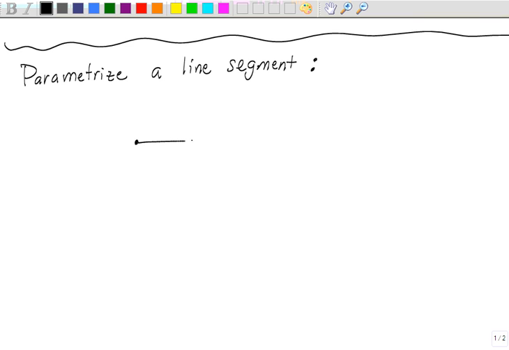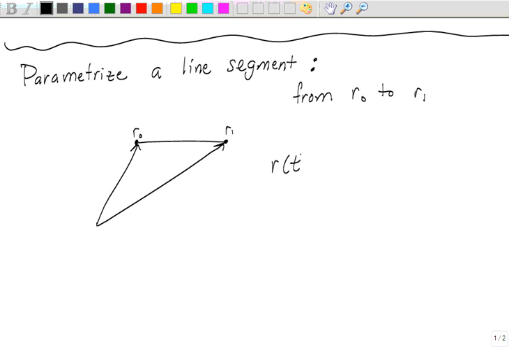Suppose the line segment has endpoints R0 and R1, so we use position vectors to do this. We're going to say R of t is going to be 1 minus t times R0 plus t times R1, and t is between 0 and 1.